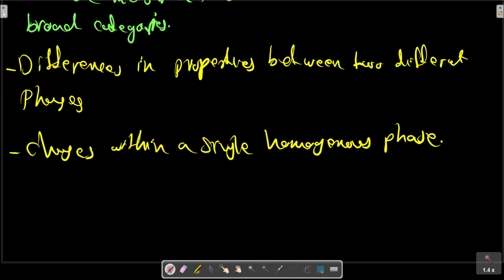In this section, we focus on the first of these categories, that of different phases. Let us assume that the two phases are liquid and vapor.